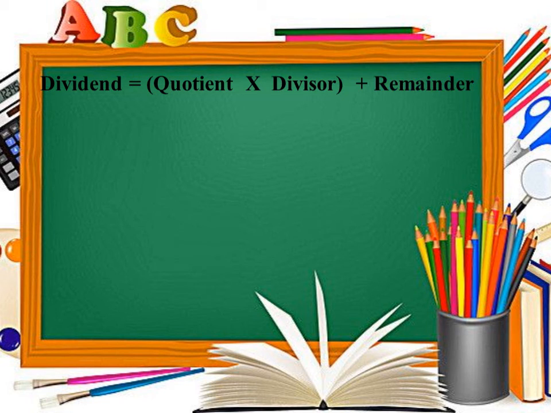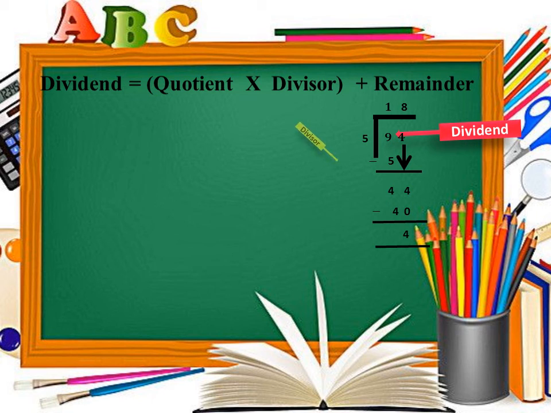Now let us check the example we just completed. 94 divided by 5. Here 94 is dividend and 5 is divisor. After doing the division, we got the quotient 18 and the remainder is 4.